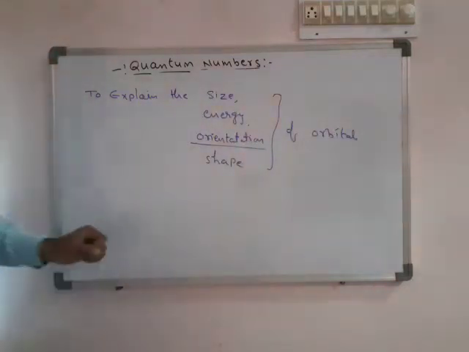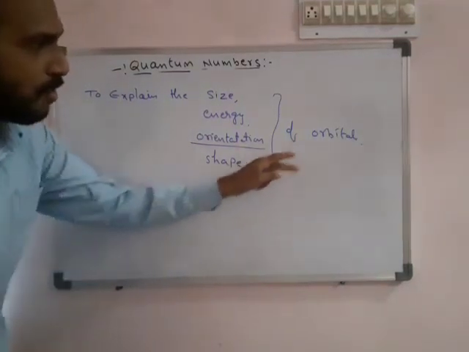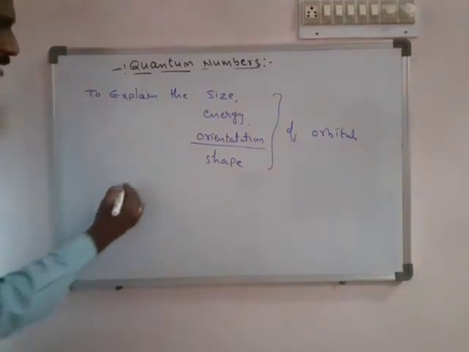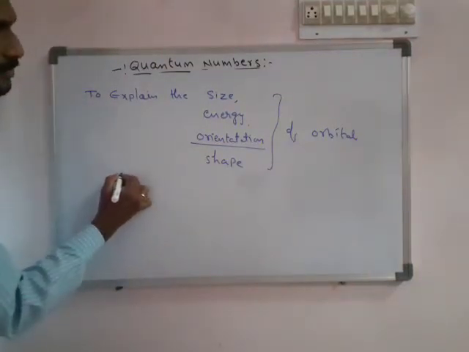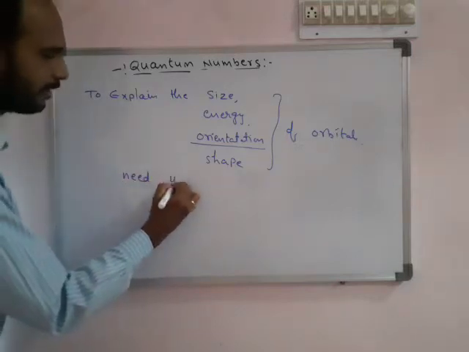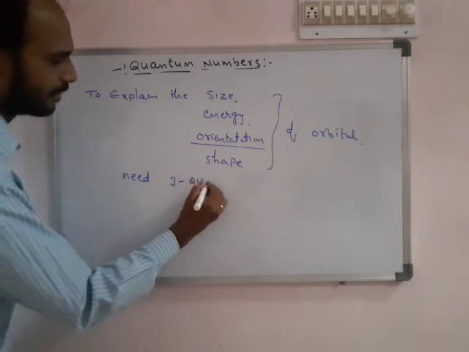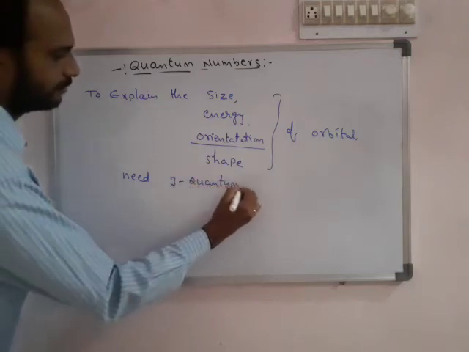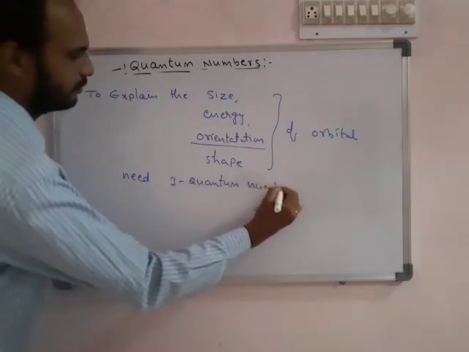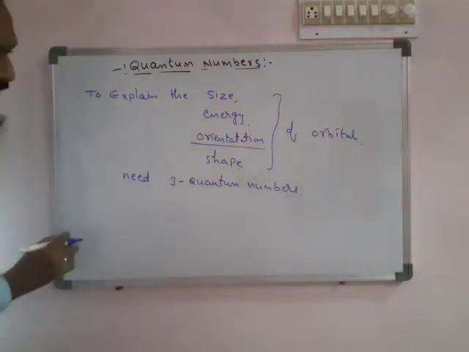To explain the size, energy, orientation and shape, orbitals need three quantum numbers. So what are the three quantum numbers?